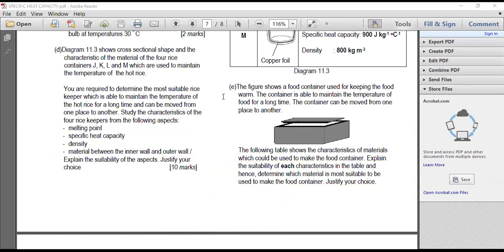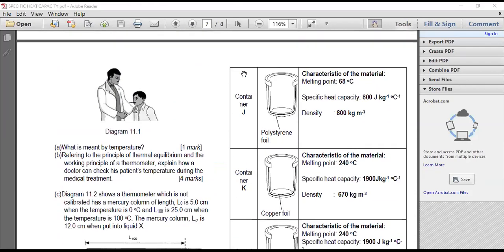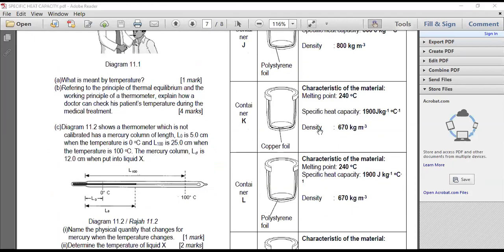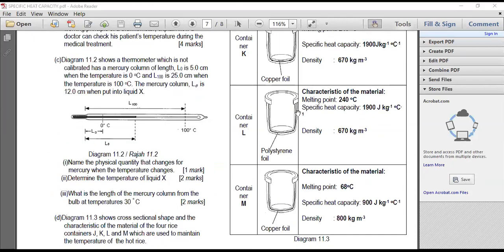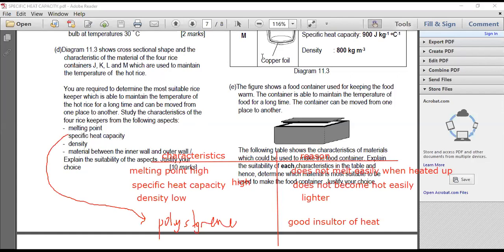Now after you choose all these, you have to choose the best model. I think the best model will be K. And then the last one, at the bottom, is the conclusion.